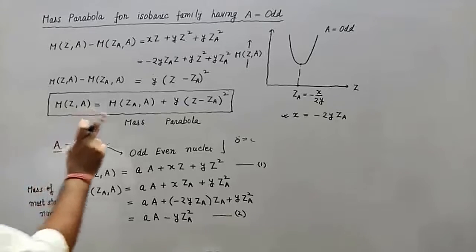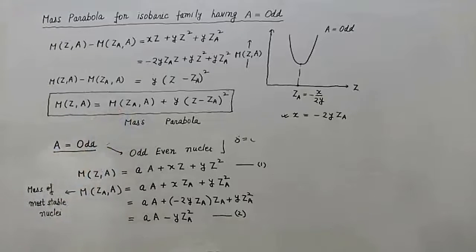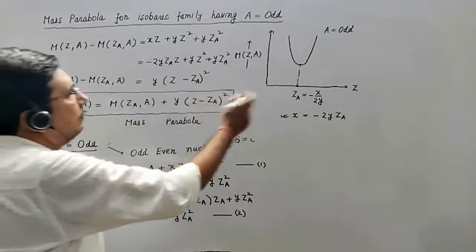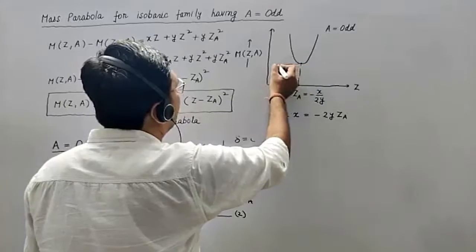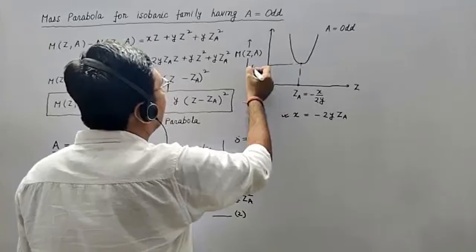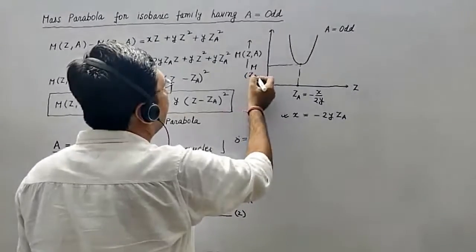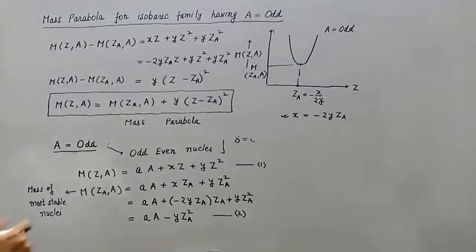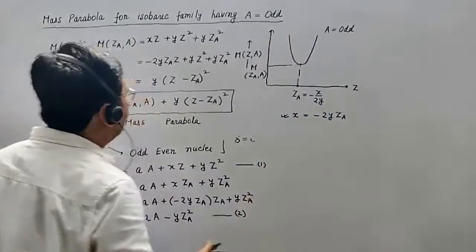If we plot this, the lowest point will be M(ZA,A), the mass of the most stable nuclei, and its number will be ZA equal to minus X upon 2Y.